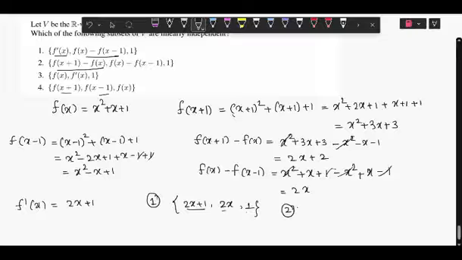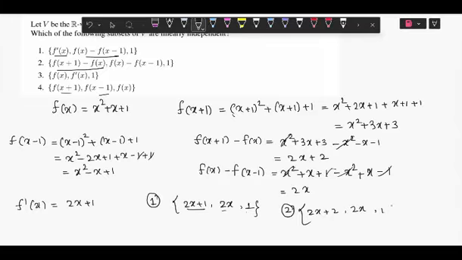Option 2 में f of x plus 1 minus f(x) is equal to 2x plus 2. Then f(x) minus f of x minus 1 is 2x and then 1. So we can write 2x plus 1 as 1 into 2x plus 1 into 1. So again this 2x plus 1 can be expressed as a linear combination of 2x and 1. Hence this is a linearly dependent set.